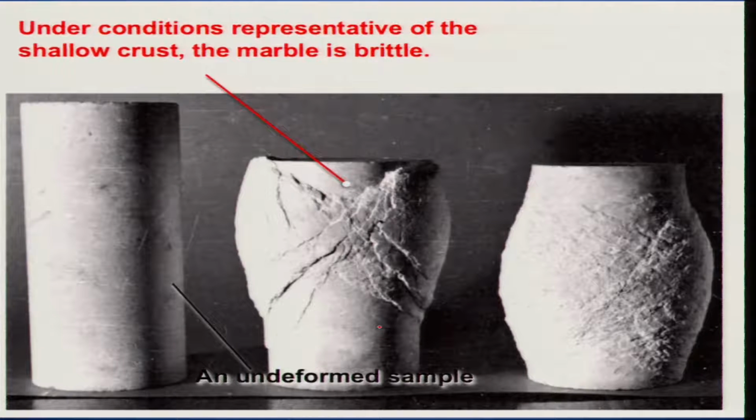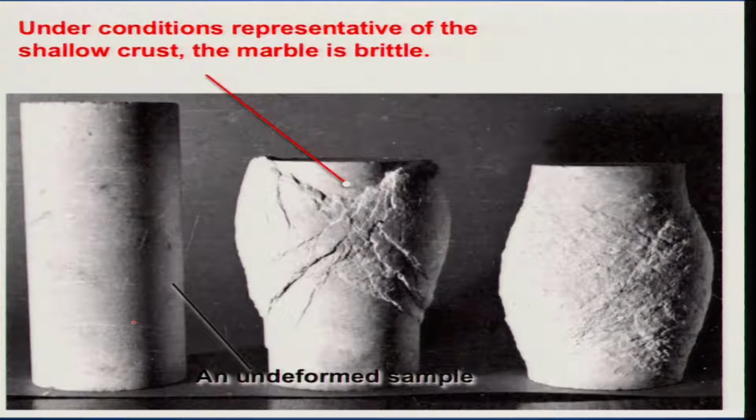Now, under different conditions, because the pressure and temperature vary as you move into the interior of the earth. In the shallow part of the earth's crust, if you take a marble cylinder, a rock specimen, and deform it at a shallow depth, the pressure and temperature will be different compared to what you see at greater depth.